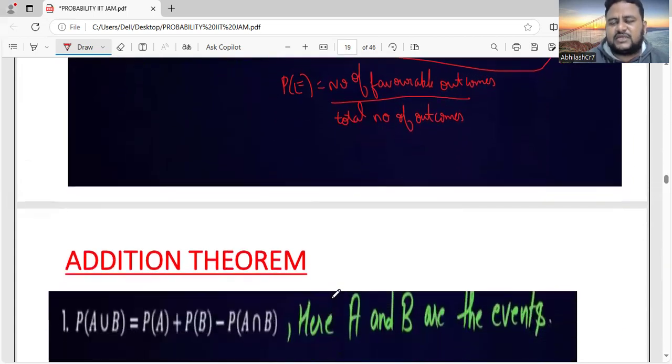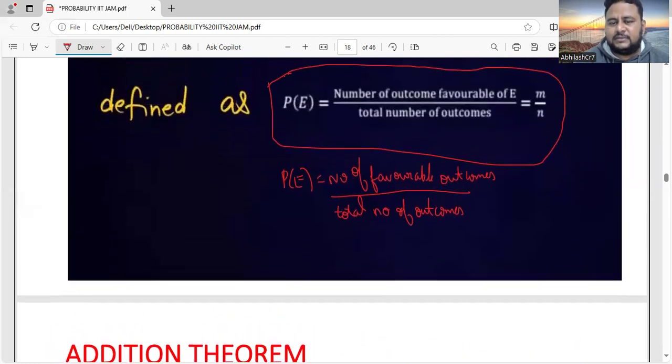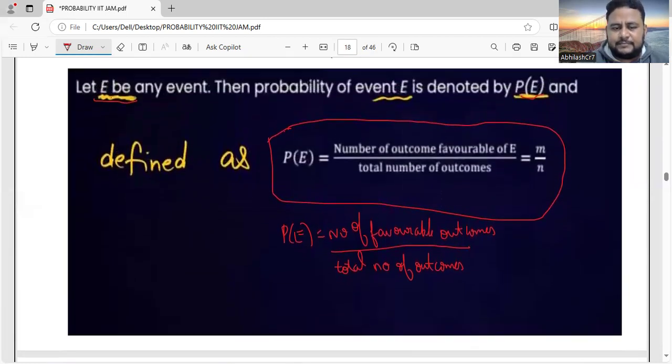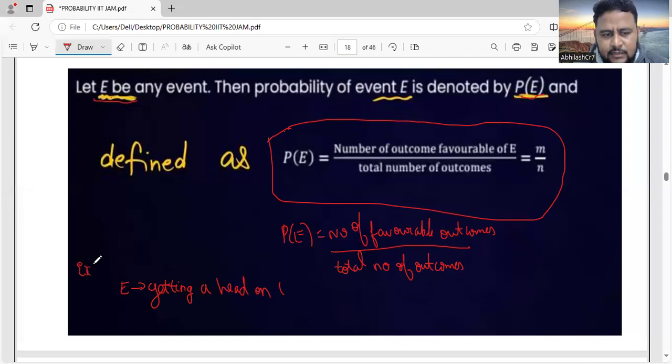Before going to the addition theorem, I'll give you one example about how to find probability. Let the event be getting a head on tossing a coin.